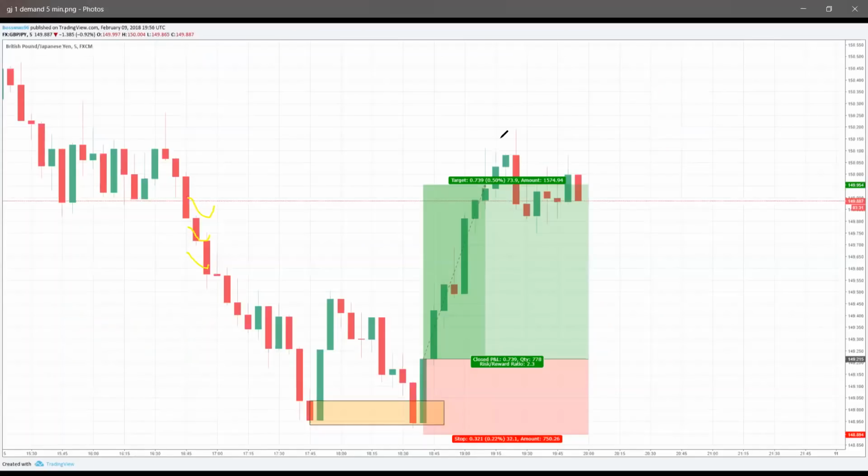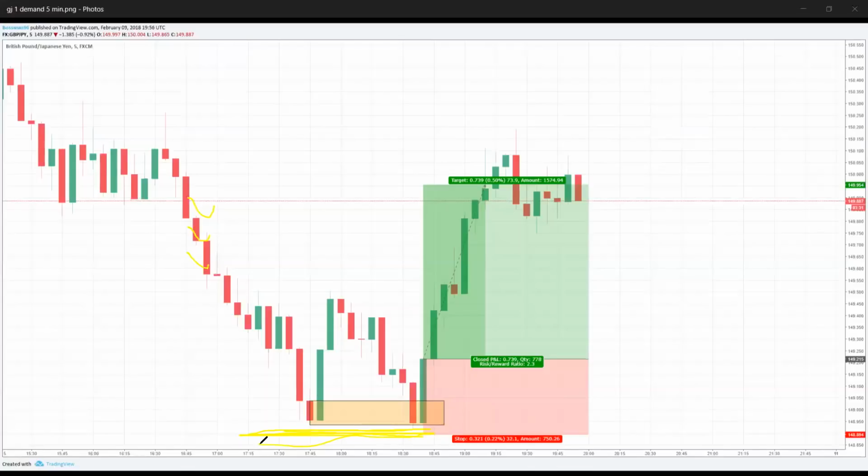So when talking about stop loss and take profit, if you want a good setup, anticipate putting the stop loss here, just below the zone. And for take profit, you can have numerous take profit levels.